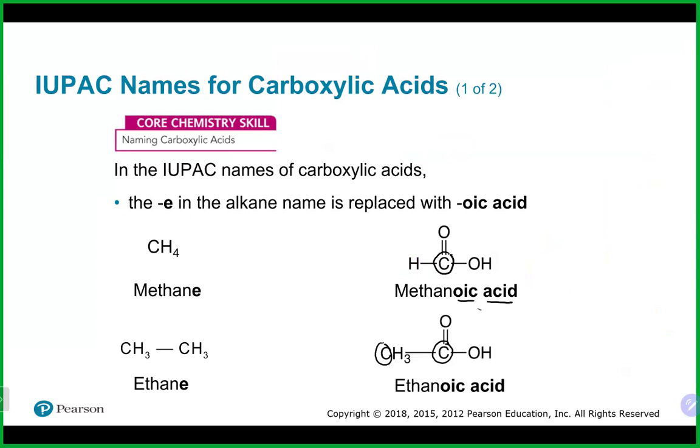You do not need to give the location of the carboxyl group, and that is because of the same reason you do not need to give the location in an aldehyde, because at the end of this carboxylic acid group is what? Is a hydrogen. Yeah. So again, it could only be at the end of the molecule.